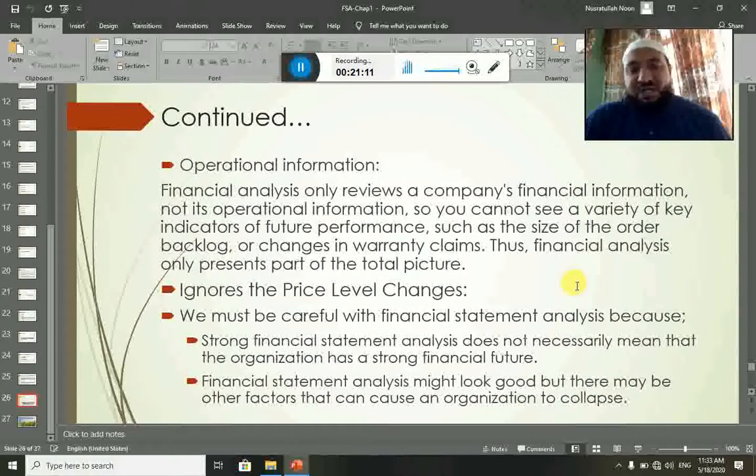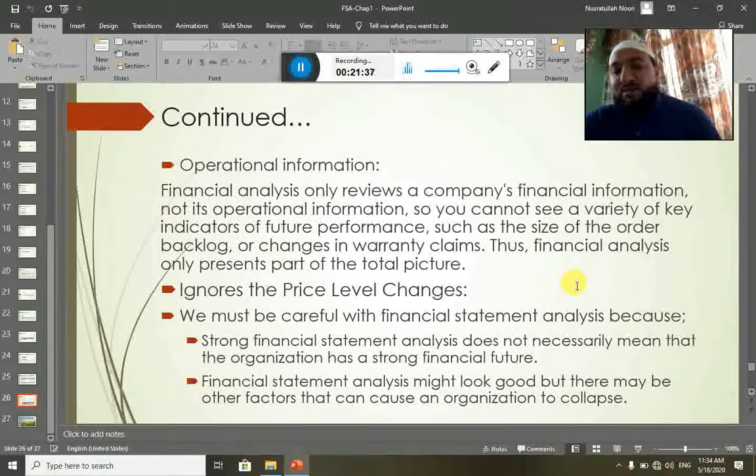Okay, operational information. A financial analyst only reviews a company's financial information, not its operational information. So you cannot see a variety of key indicators of future performance, such as the size of the order backlog or changes in warranty claims. This financial analysis only presents part of the total picture.